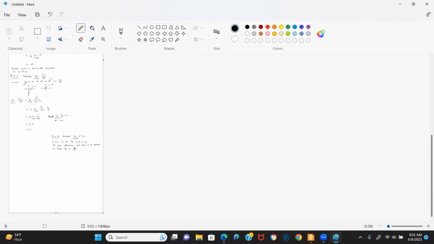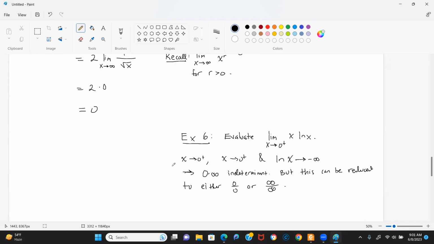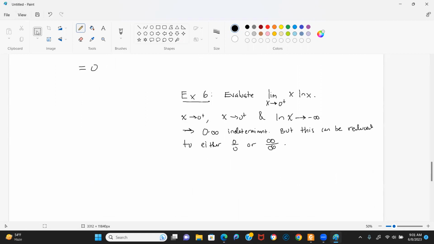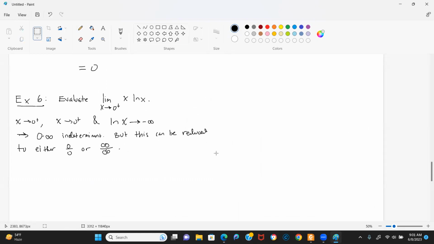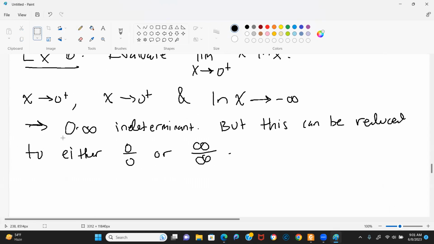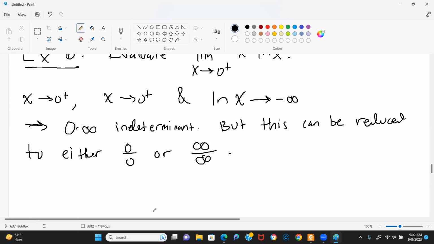L'Hopital's rule doesn't directly apply to them, but oh, I did not realize that I started that far over. Let me move this over. You can't directly apply L'Hopital's rule to an indeterminate form like 0 times infinity, but if you can reduce it to one of these by doing some sort of manipulation, then you can apply L'Hopital's rule.